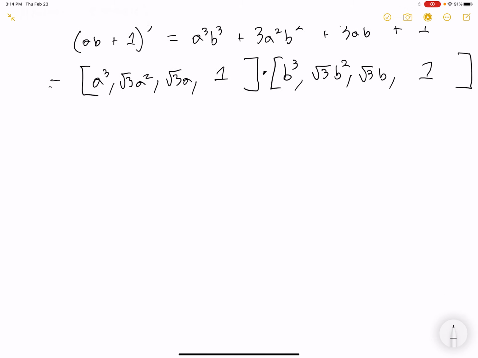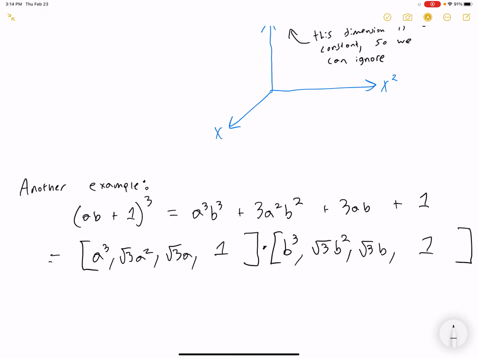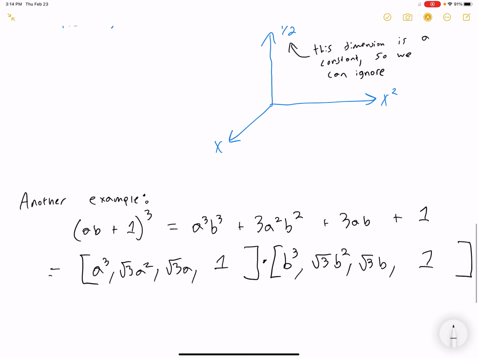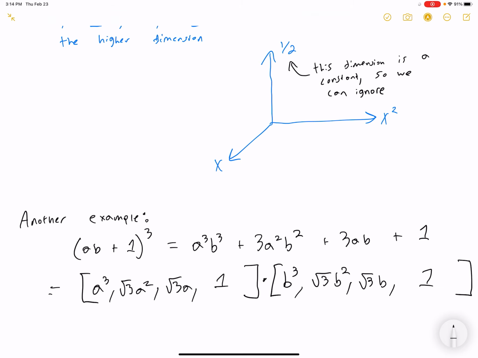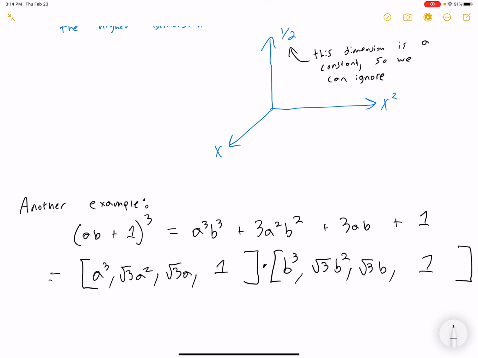Yes? Is there a limit to which we can achieve a value? Sorry? Is there a limit? I understand about D, but what about R? Is there a limit or any huge implication if we change R drastically? It shouldn't be a huge implication because it's really just affecting some of the terms.